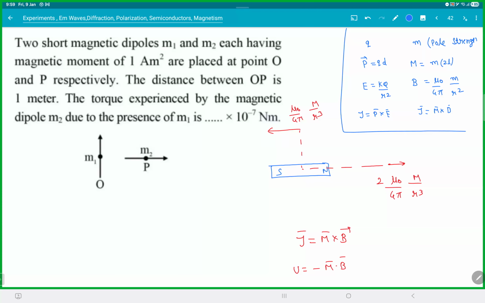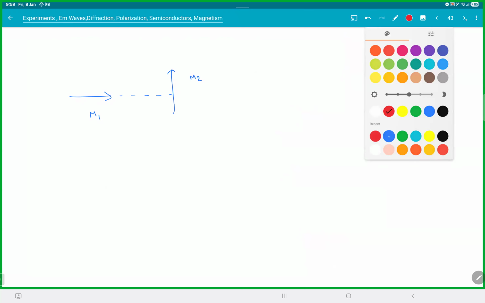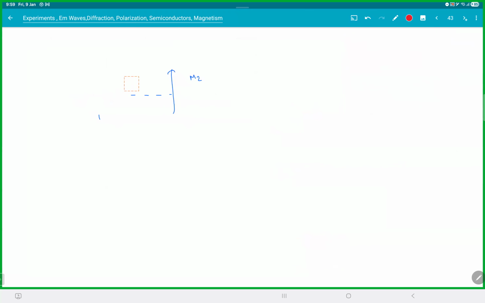Now once you know that, you are kind of done there. This is M1. This is M2. I wrote reverse. So for this thing, this is an equatorial line. So this is mu naught by 4 pi M1 by R square.